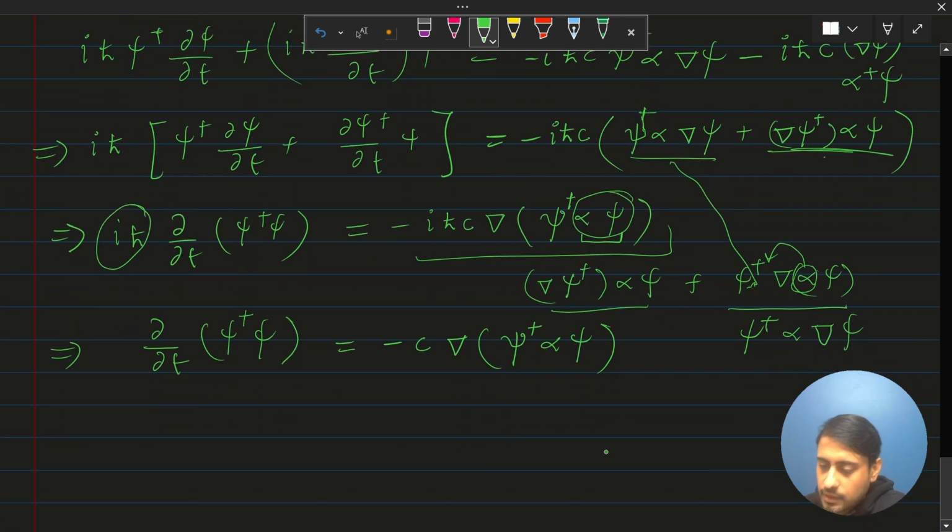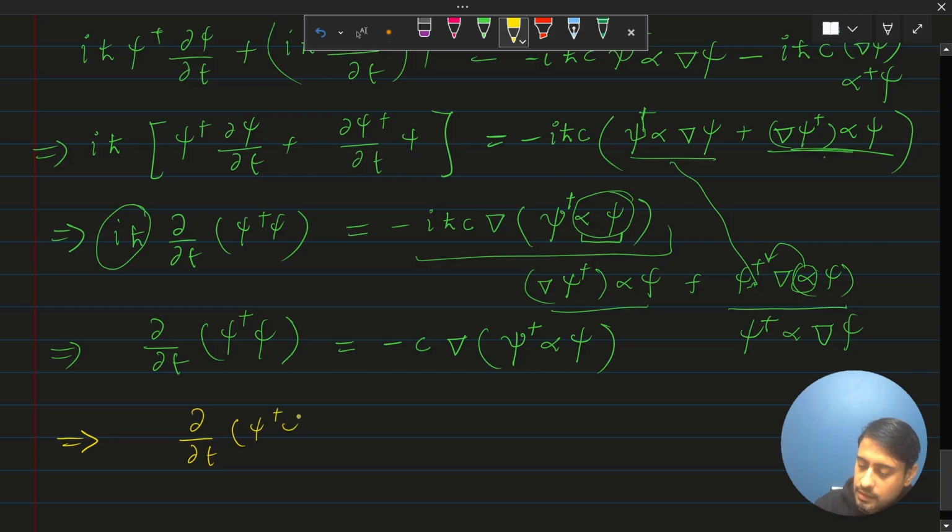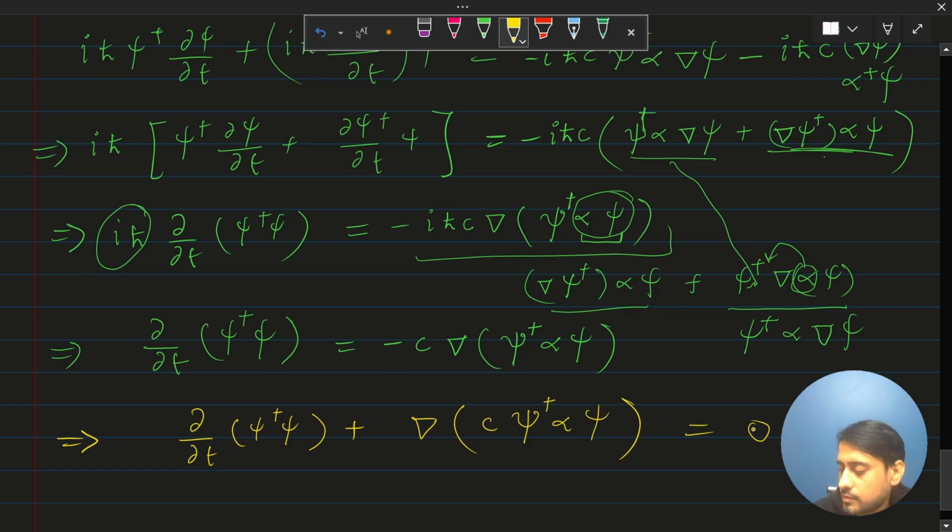If I take it to the left hand side, we can write ∂/∂t of ψ†ψ plus ∇ of cψ† α ψ equals 0.